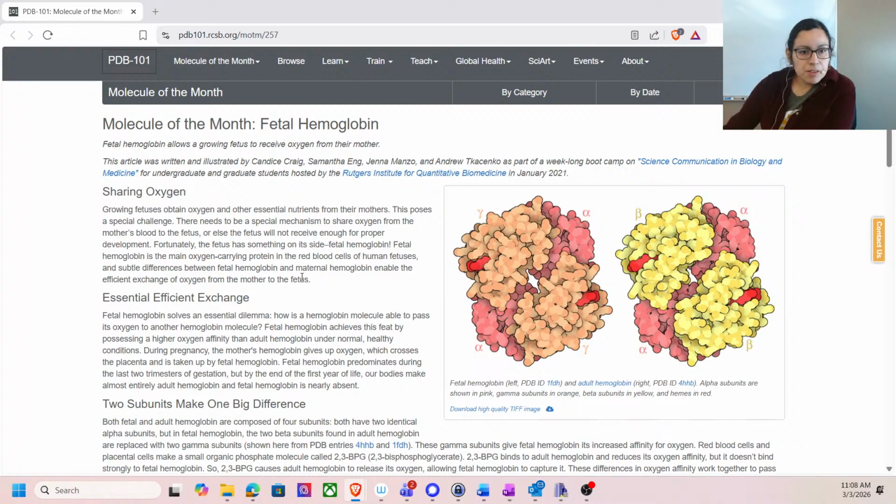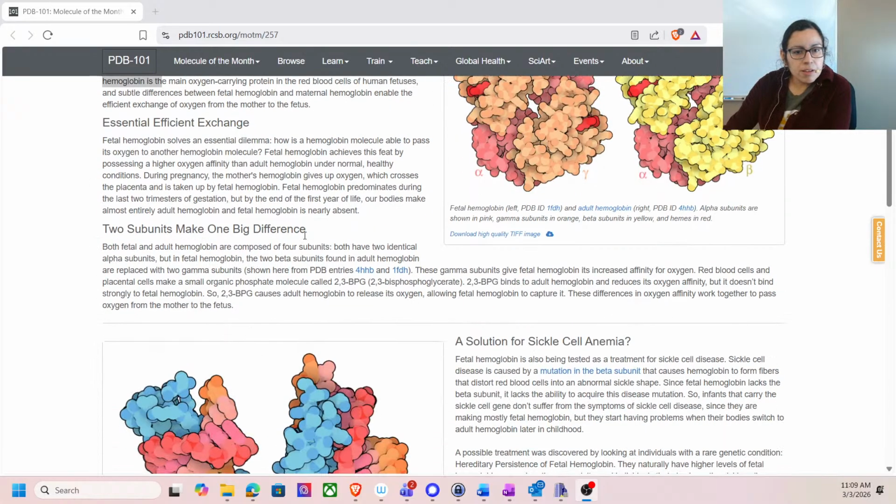It mentions that the fetus has a higher affinity for binding hemoglobin, so the fetal hemoglobin, and it's showing the structure here. It mentions that there's a difference in the folding, which I thought might appeal to some of the more biologically minded people in the class.